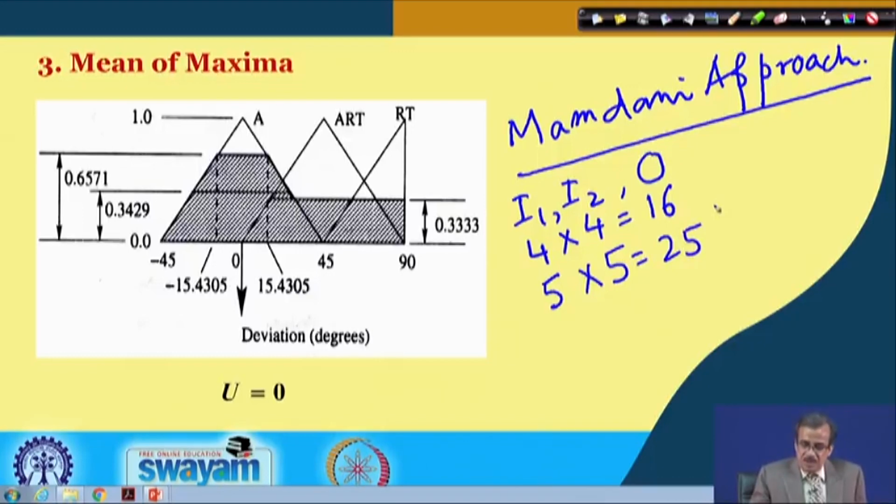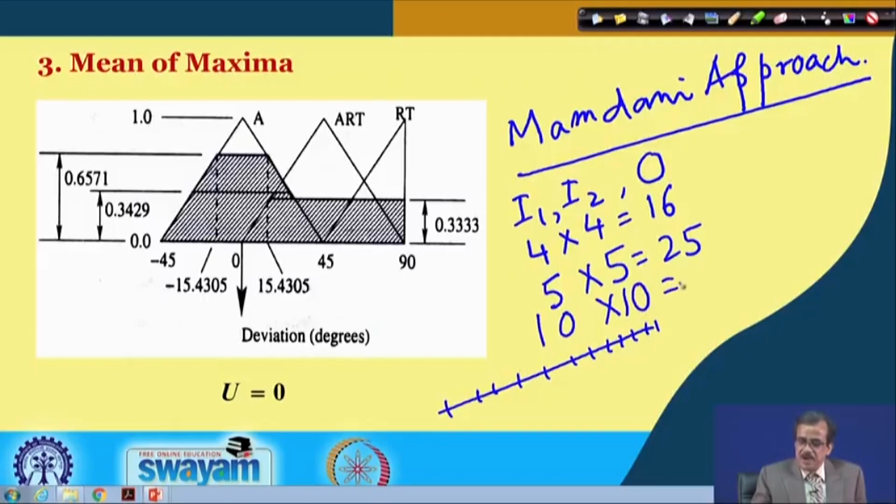Now, remember one thing: if the range is divided into a large number of small subregions or segments, that means if I use more linguistic terms to represent a particular variable, there is a possibility I will get better accuracy. If I use 10 linguistic terms for I1 and 10 for I2, I will have 100 rules.